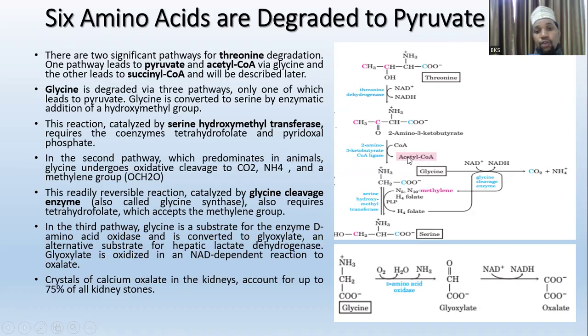Otherwise, we don't need to. So this cleavage forms acetyl-CoA, and this group, when you look at it, is now another amino acid we call glycine.